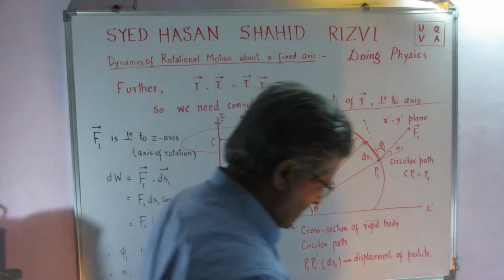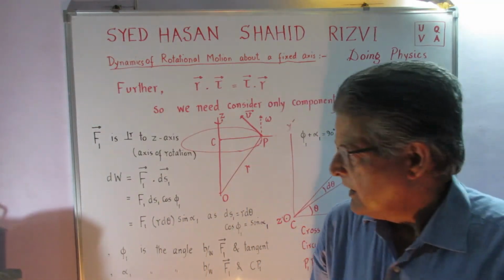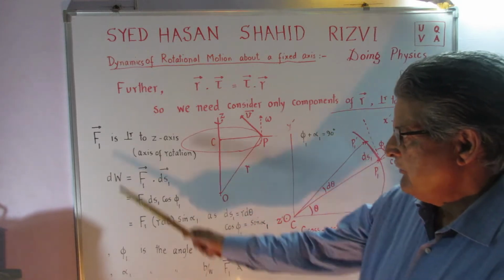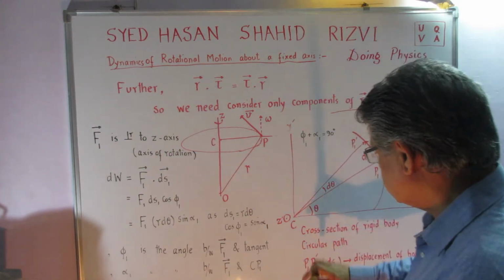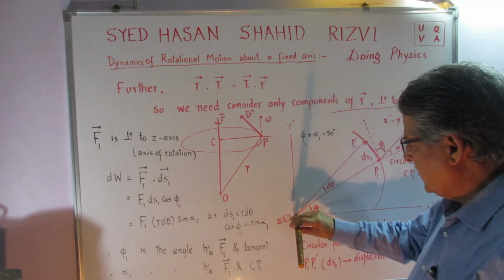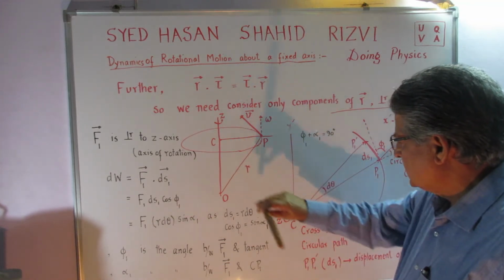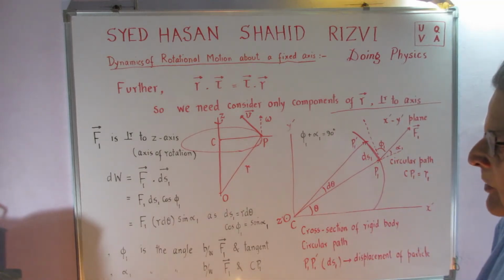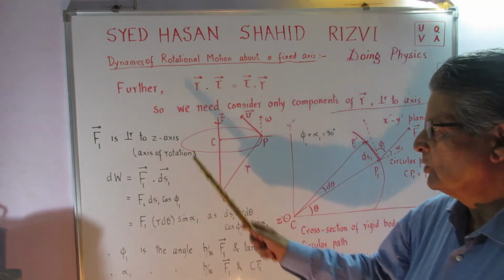Now let us see what the correlate is. F1 is perpendicular to the z-axis. The z-axis is out of the board, so any line passing through this and on this plane is going to be perpendicular to the axis of rotation.